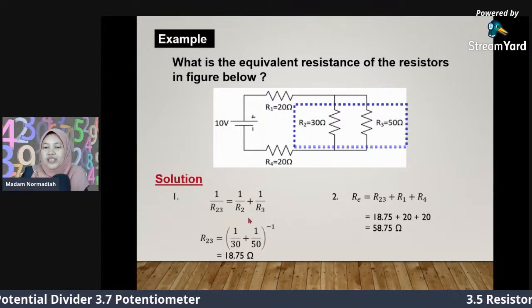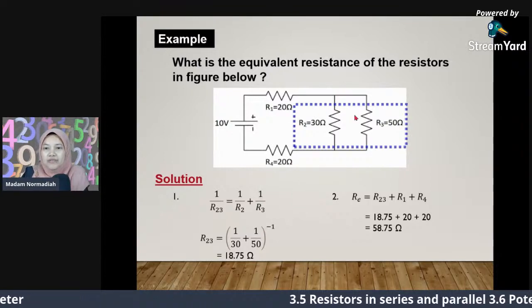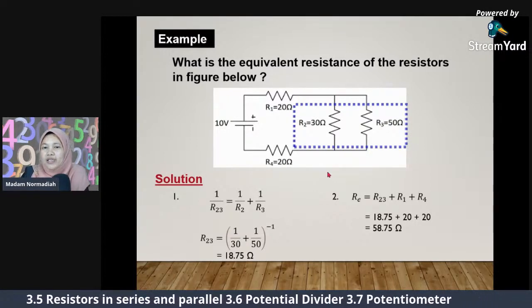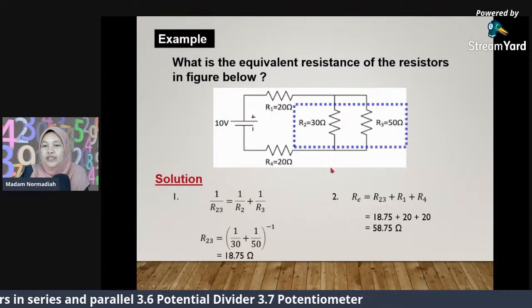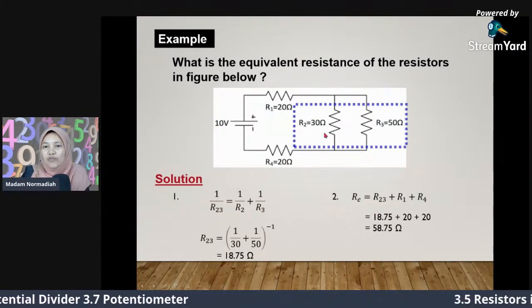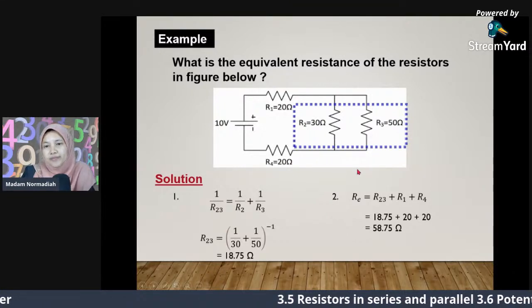Class, we haven't finished yet. We want to find the effective resistance for the whole circuit. So we have other resistors, which are R1 and R4. R1, R4 and the combination R23 are arranged in series.